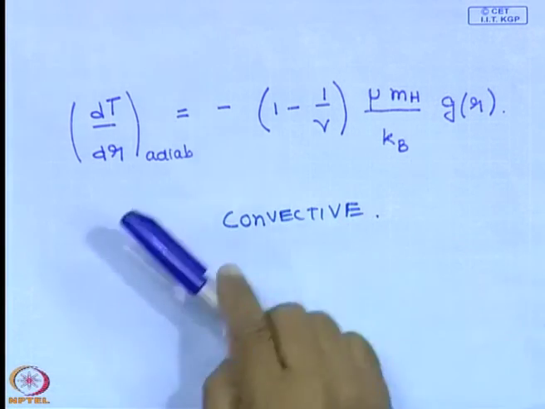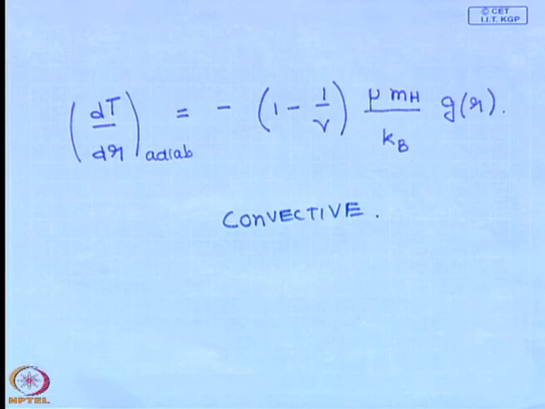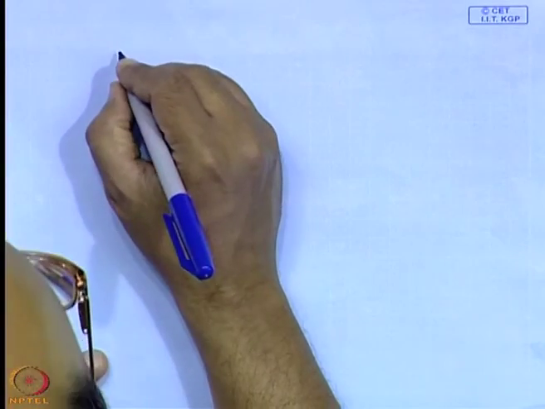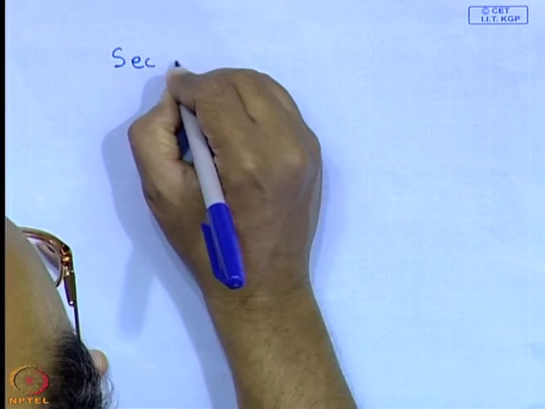Okay, so, you have to simultaneously solve these 4 equations. In addition to these equations, there are certain secondary equations which are also required. So, these 4 equations in themselves are not adequate. There are certain secondary equations that also have to be solved.